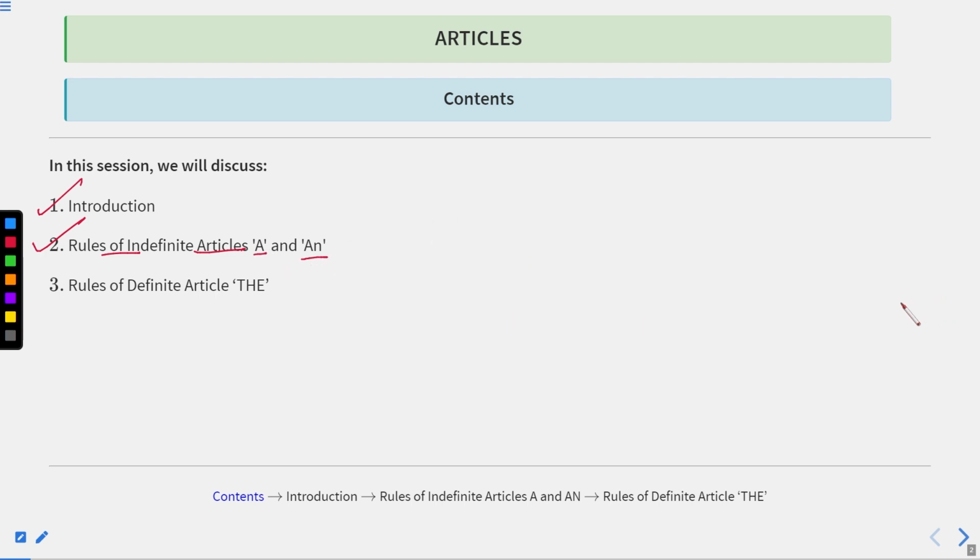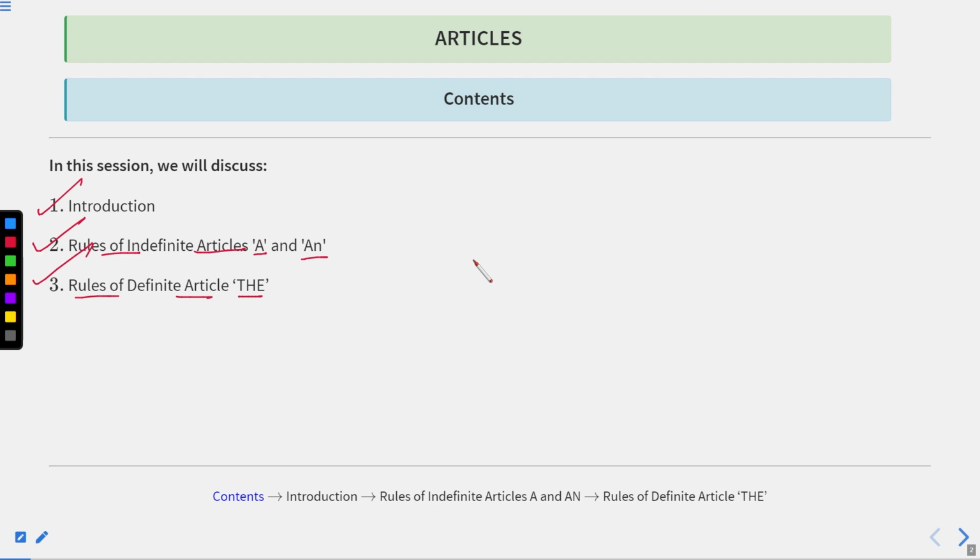Articles are of various types, and one of its types is the indefinite article, and in that case we'll discuss a or an, and the rules related to the indefinite article a or an. And after that, we'll discuss rules of the definite article, and this definite article is the. So we'll discuss the use of the. It means where to use the in our sentences. We'll discuss this in this session.